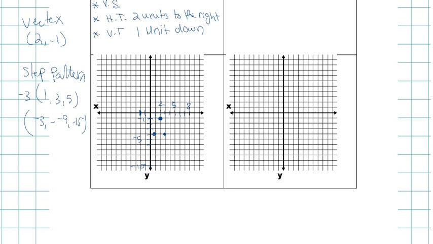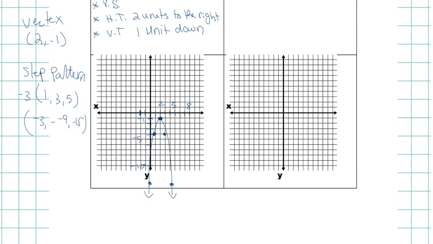So to go down 9, 1, 2, 3, 4, 5, 6, 7, 8, 9. I'm going to have to extend it a little bit, and then go to the right 1. And same thing for the left. So this way I can show my graph properly. Yes, I have to extend it a little bit. It's okay. We're good with that?